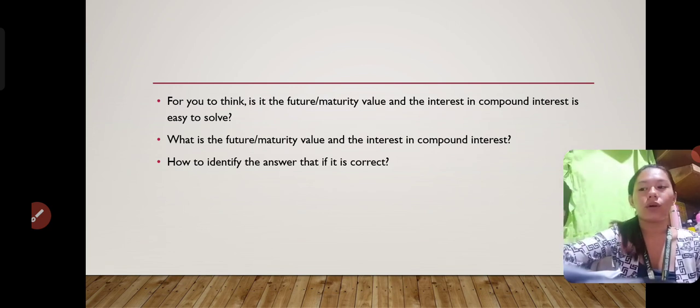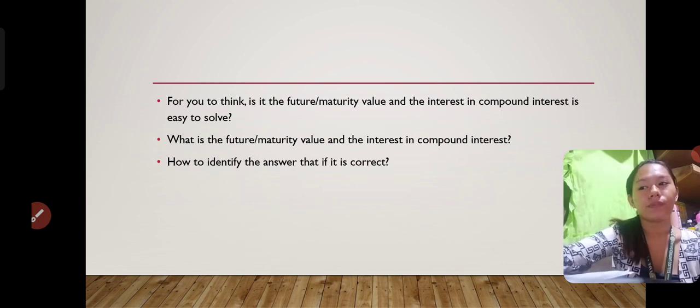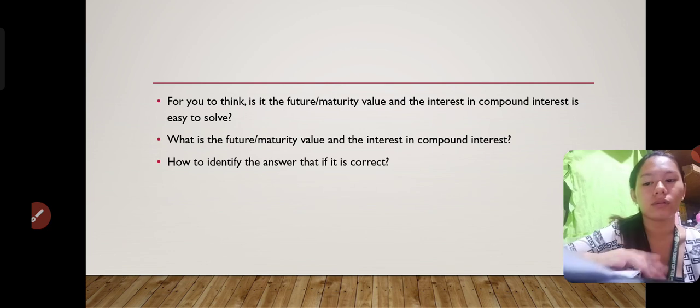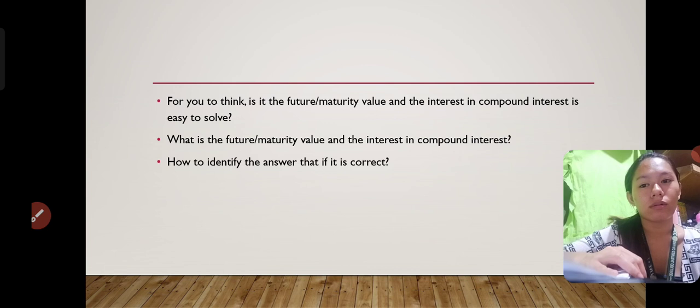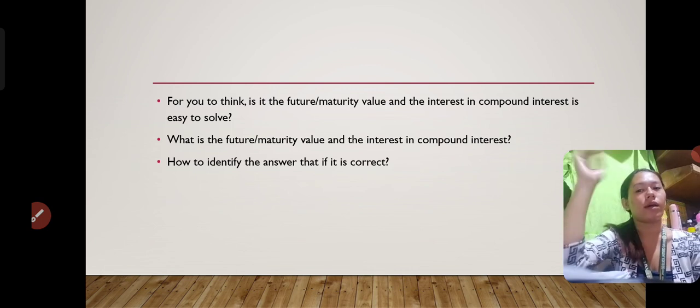Malalaman natin to kung yung na-solve natin is tama.